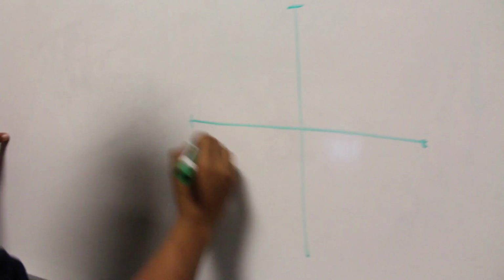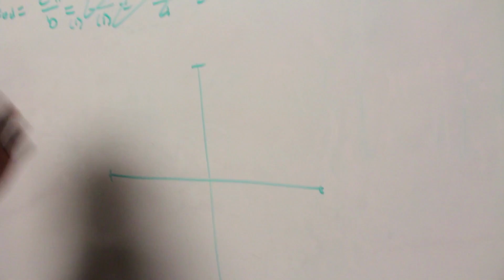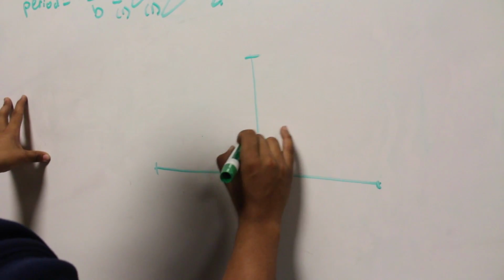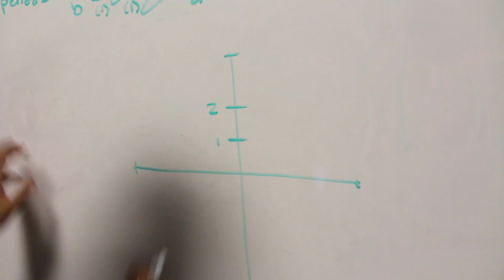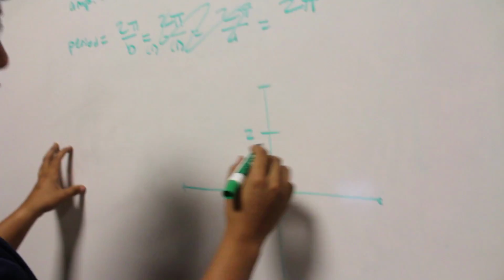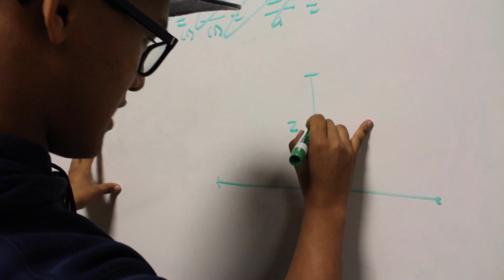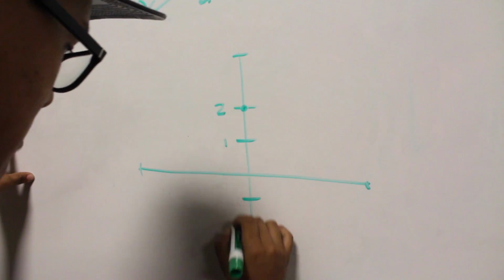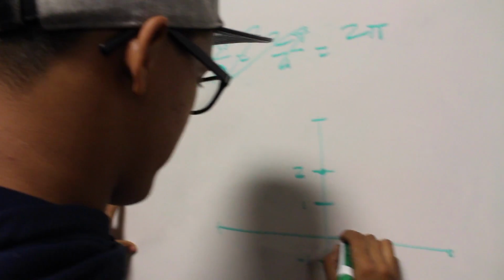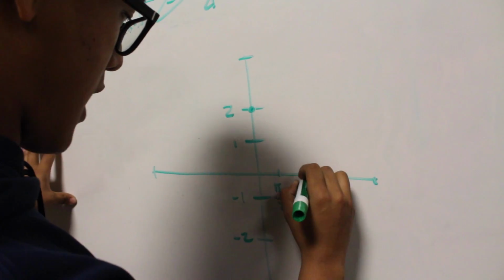We'll have the interval be 0 to 2 pi. Keep it on this right side for now. So we know that the amplitude now, instead of 1, it's going to be a 2. So it's actually going to stretch up. Like a cosine graph would, it starts at the highest amplitude. We write down the lower amplitudes here. And then we know that it's going to hit every half pi.